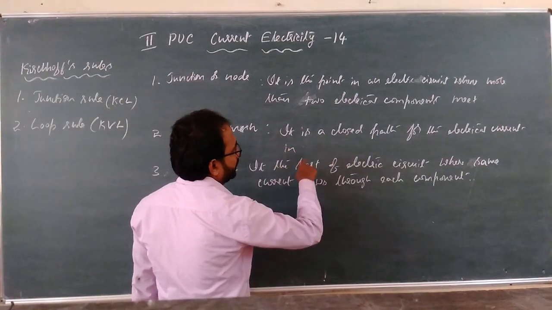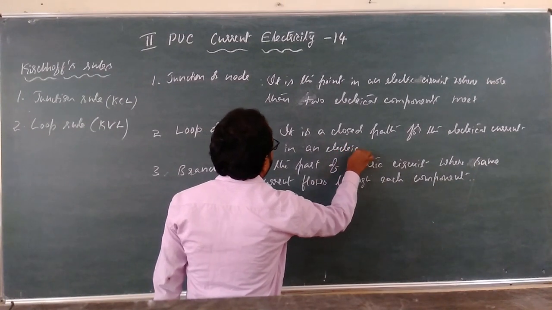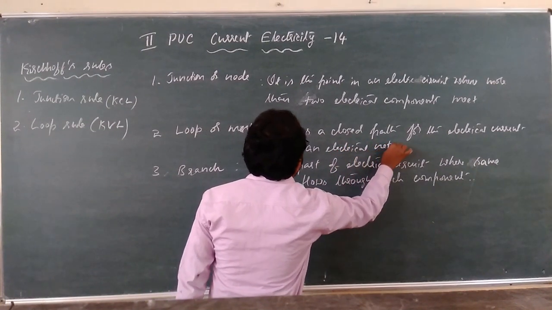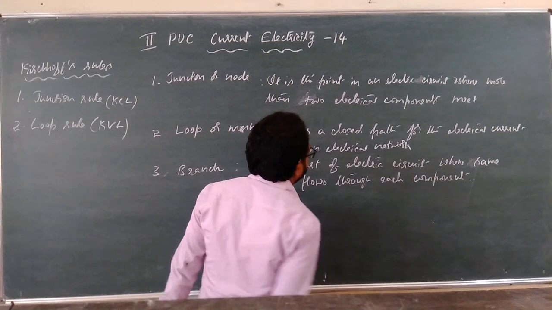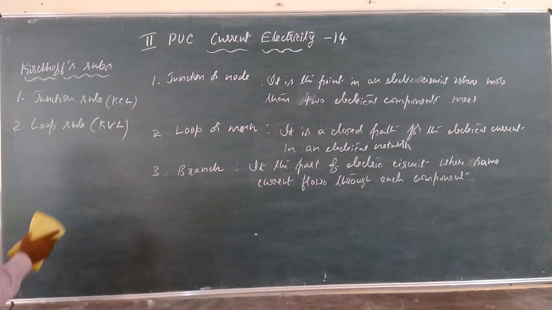There is a closed path for the electric current in an electrical network or electrical circuit.